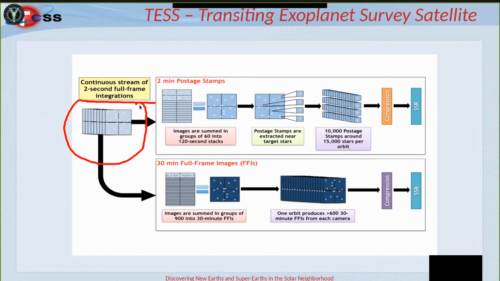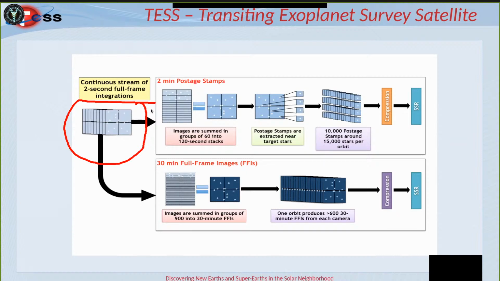Cosmic rays hit the CCDs, and it can be quite prominent. Just think about the Kepler frames. With a very, very simple onboard data acquisition algorithm, you can easily get rid of the cosmic hits. So the shortest exposure time that TESS is capable of is 20 seconds.